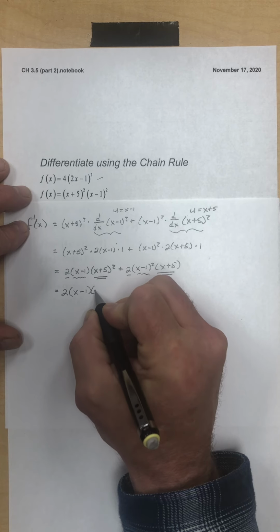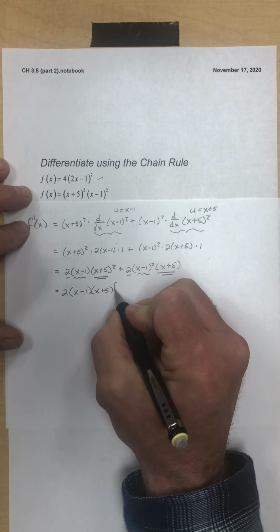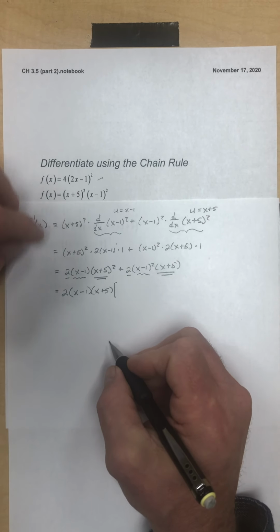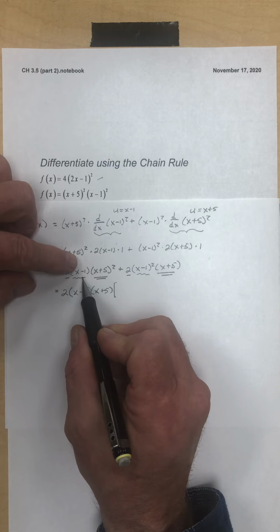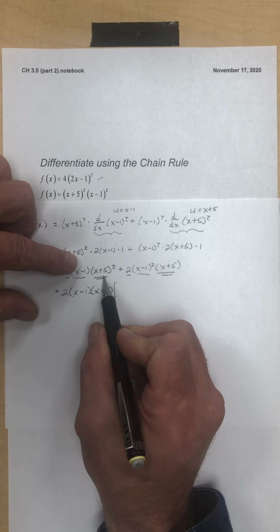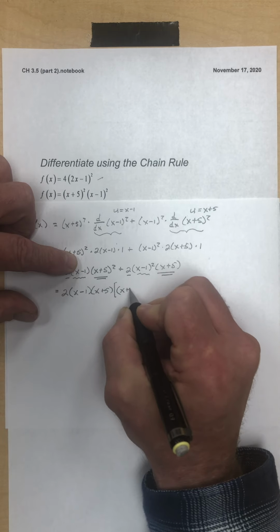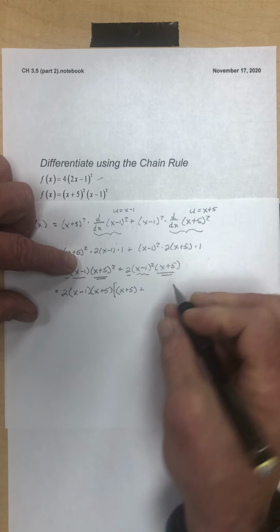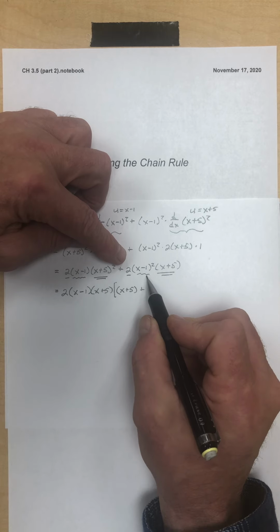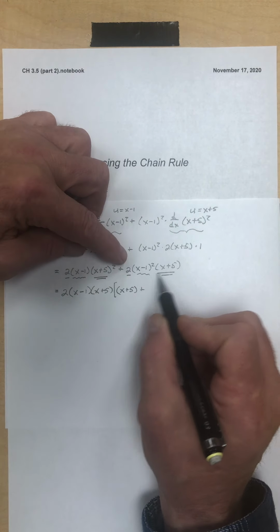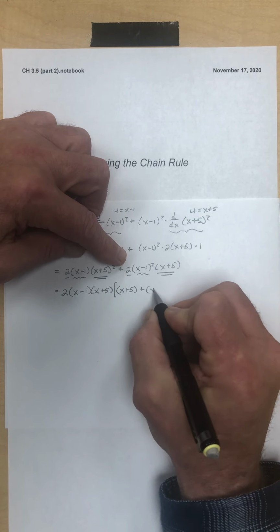So I get this x plus 5 outside, and I say, what am I left with inside? Well, from here, I pulled away the 2, the x minus 1, and one factor of x plus 5, so I'm left with a factor of x plus 5. Over here, I've pulled away the 2, I've pulled away the x plus 5, and I've pulled away one factor of x minus 1, so I'm left with another factor of x minus 1.